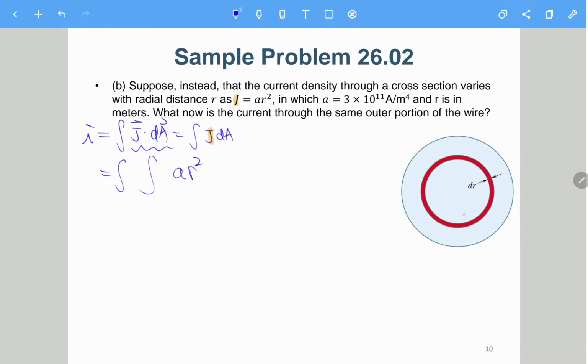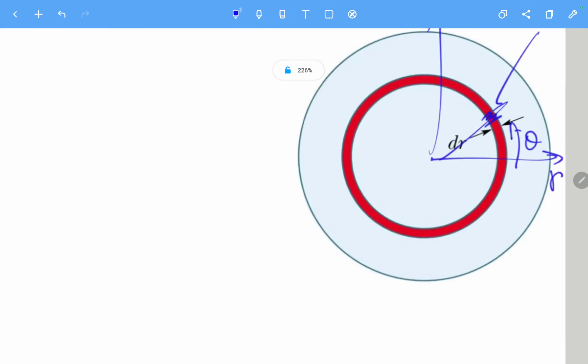And actually this is a polar coordinate. So this is our axis, and then there is another thing like theta. So dA here will be r d theta, like this.